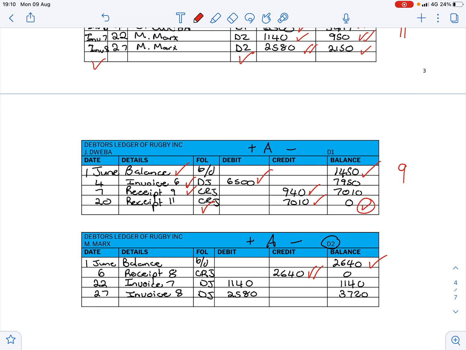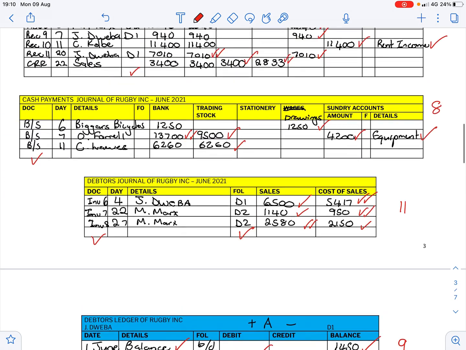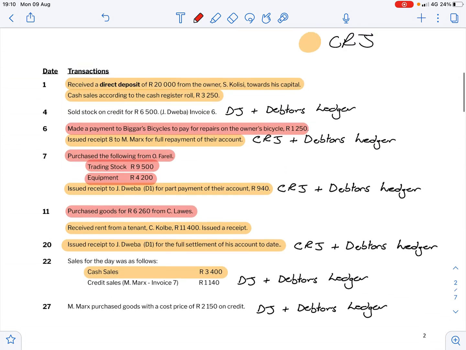Because he's settling his accounts in full, if you do the correct amount, it was 2,640, and you credit that, you get 2 marks. 1 mark for debiting 1,140, and 2 marks for debiting 2,580, because we had to work out that figure, leaving him with a new balance of 3,720 Rand. Our 7 marks for Malcolm Marks's debtors ledger, leaving us with a total of 53 marks in question 1.